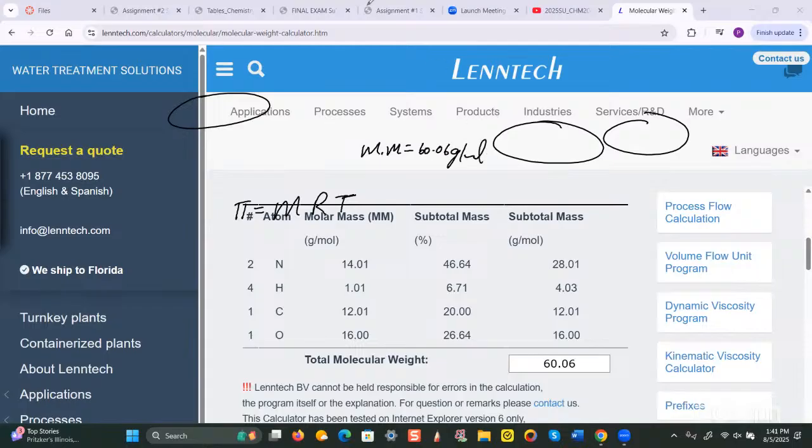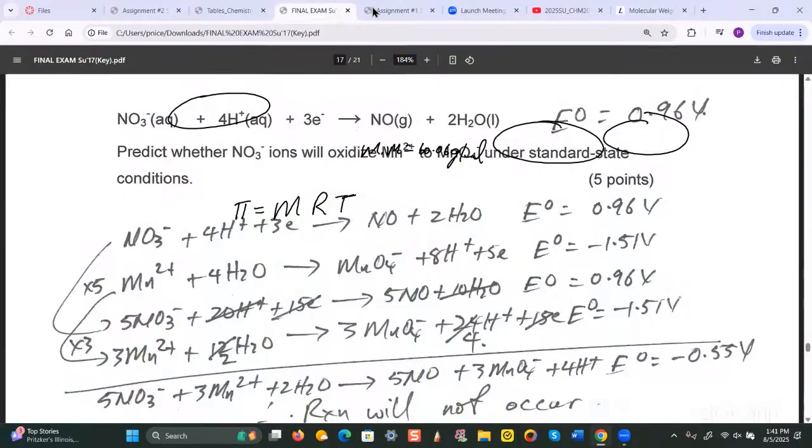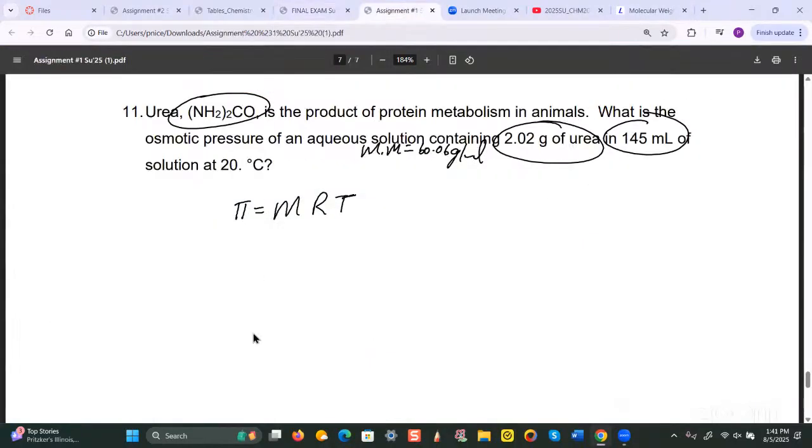Okay, so to find the molarity, to find this part here, we take the 2.02 grams divided by the molar mass, which is 60.06 grams per mole.